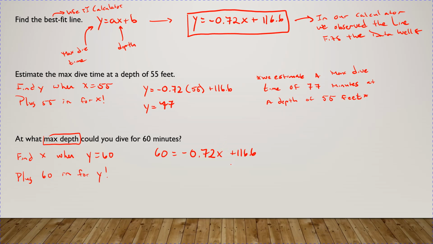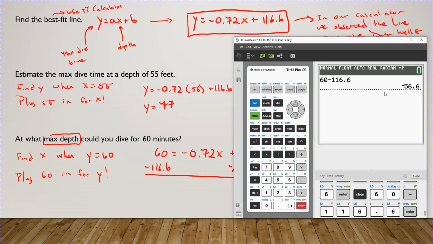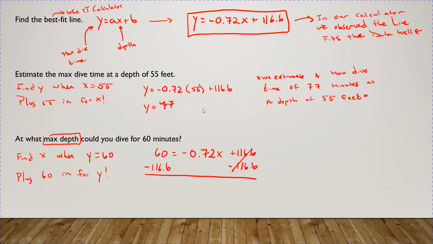So you have to solve this linear equation. You're going to subtract 116.6 from each side. So these are gone. So 60 minus 116.6, you get minus 56.6. Then to get the x by itself, you're just going to divide by negative 0.72.